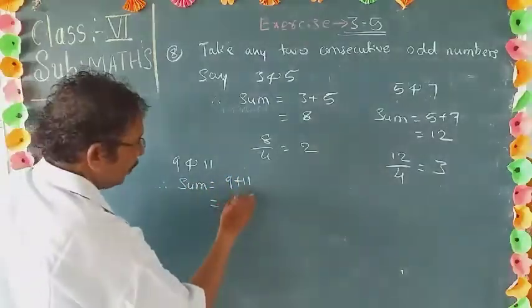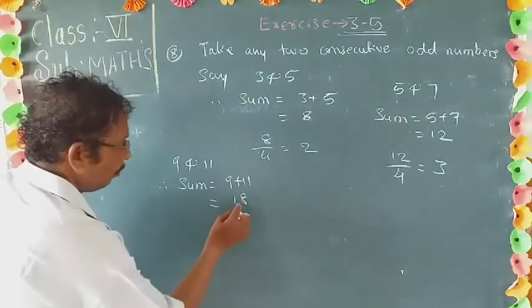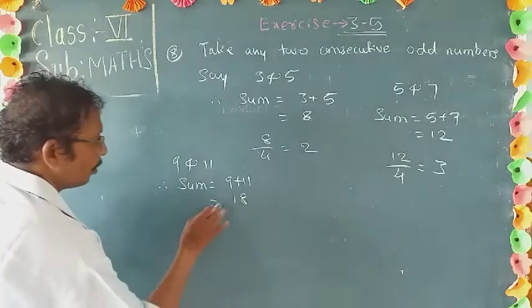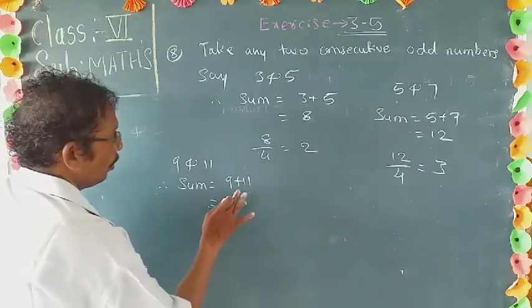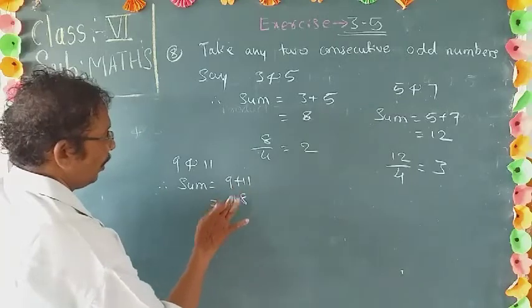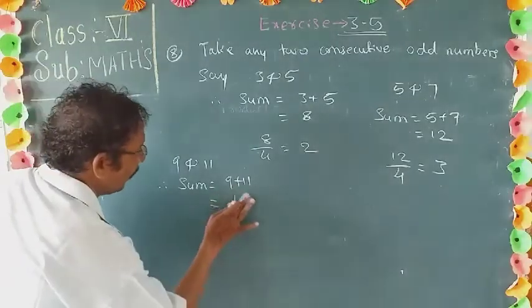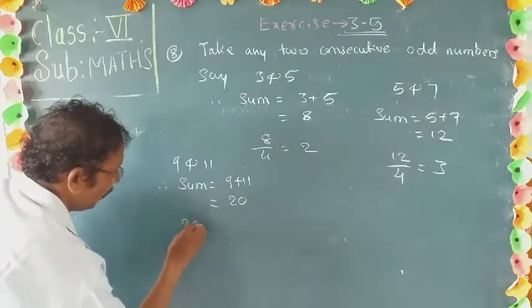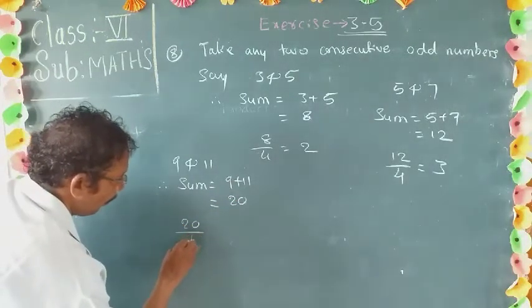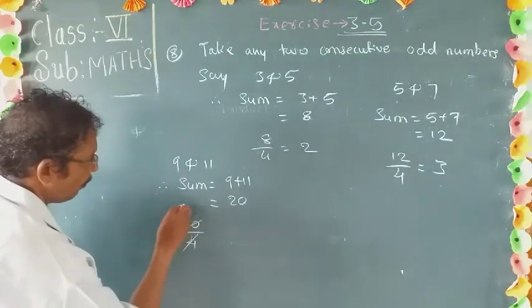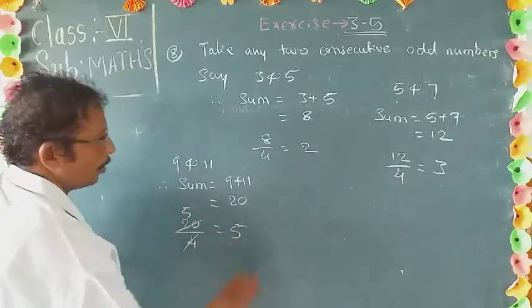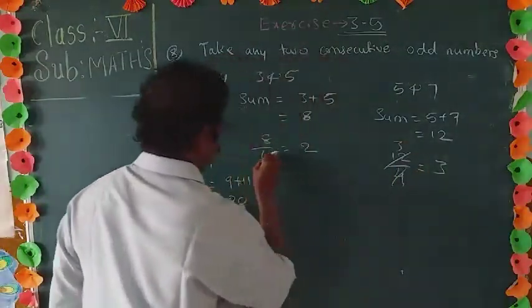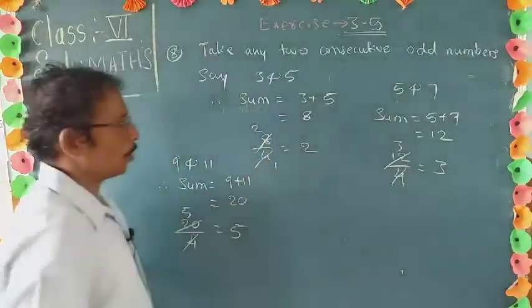Sorry, the sum is not 18, it is 20. So now this sum 20 is divisible by 4. 4 fives are 20. Answer is 5.